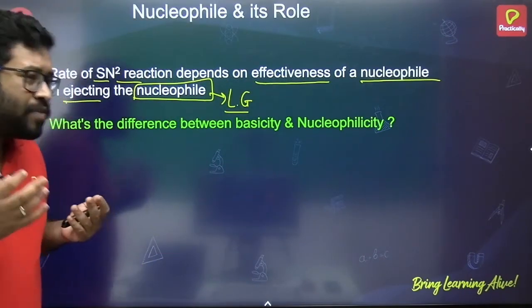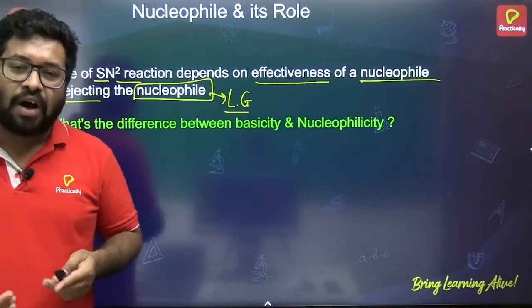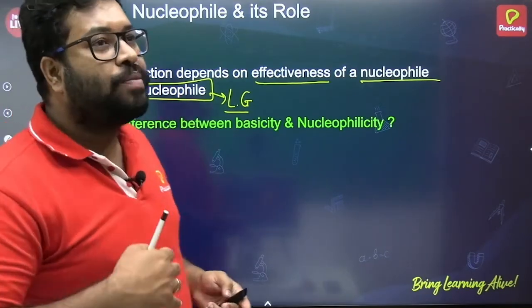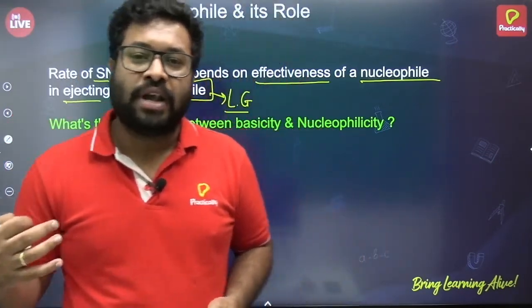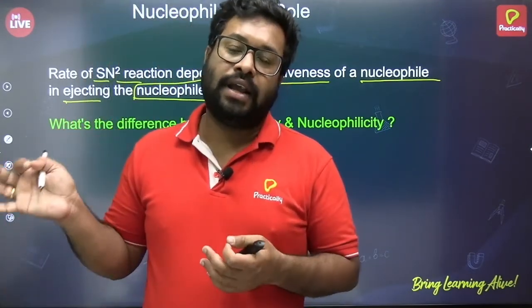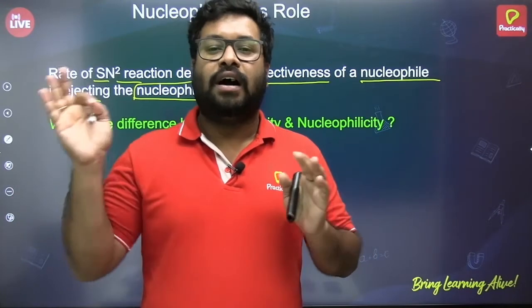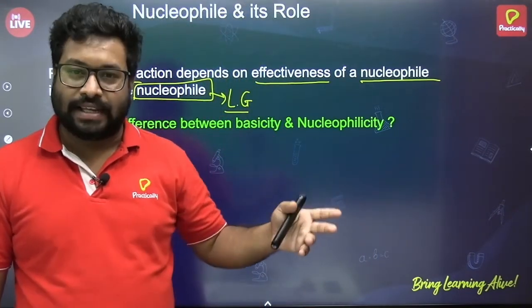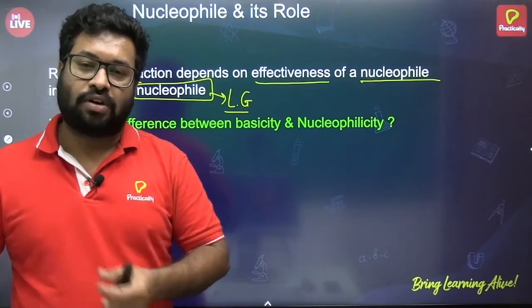So now whatever nucleophile comes, how does it play the role? Okay, and you know what, a nucleophile could have a negative charge, could have a lone pair, but it should have at least a lone pair or a negative charge. There is no possibility that a nucleophile does not have either of these. It should have either a negative charge or a lone pair.